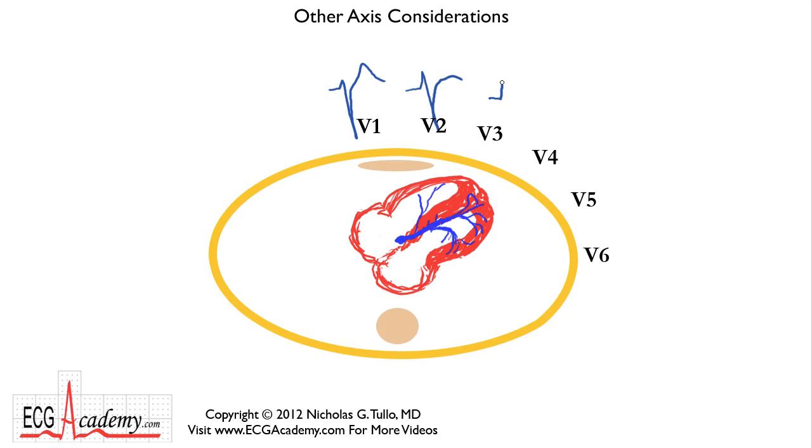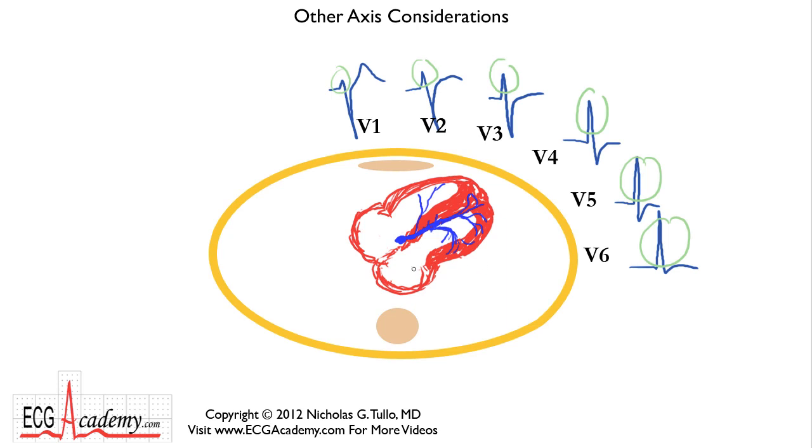The transition point, where the R becomes bigger than the S, is usually somewhere between V3 and V4. Then V5 is usually a tall R with a little S left, and V6 is usually not much of an S at all. So this is a normal precordial progression, or sometimes we call it the R wave progression, because it's really the R waves that are getting bigger and bigger as we go across the precordium.